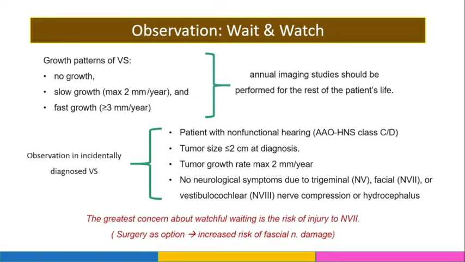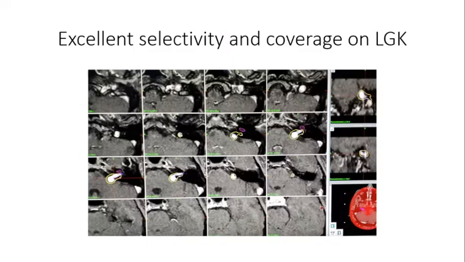The biggest problem we feel is that the larger you allow the tumor to become, the risk to facial nerve preservation certainly gets worse, and therefore once you have established that the tumor is growing, it is better to operate.